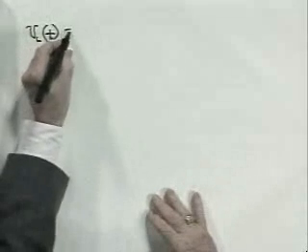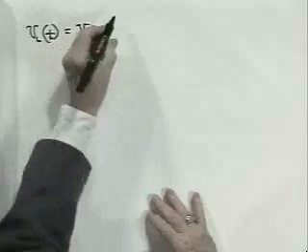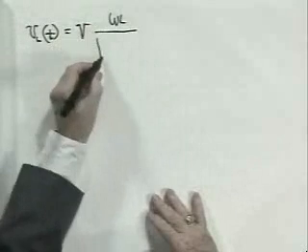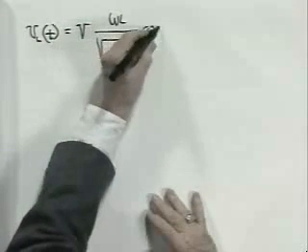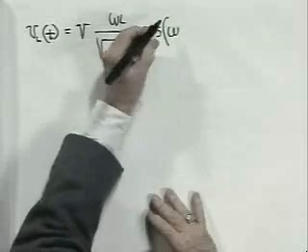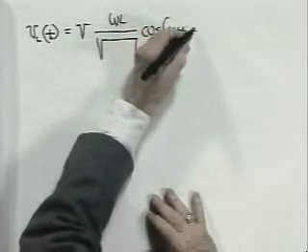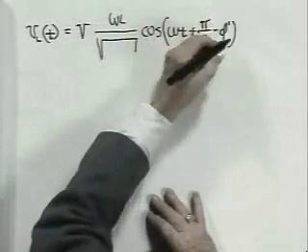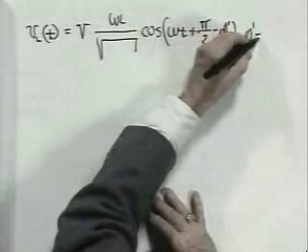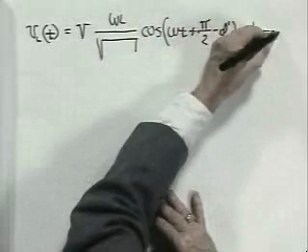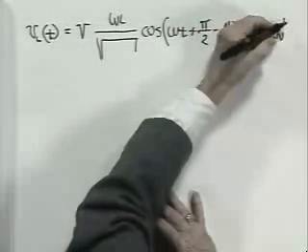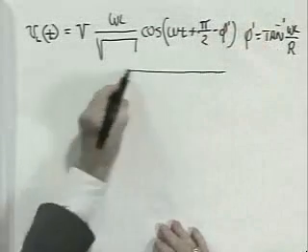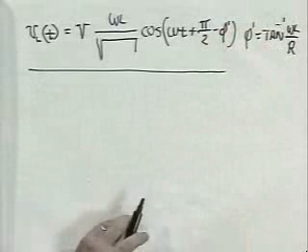V sub L of t equals V, the amplitude of the excitation, times omega L divided by the radical, times cosine of omega t plus pi over 2 minus phi prime, where phi prime equals the inverse tangent, the angle whose tangent is omega L over R. So back in the real world, a time function which we can measure.